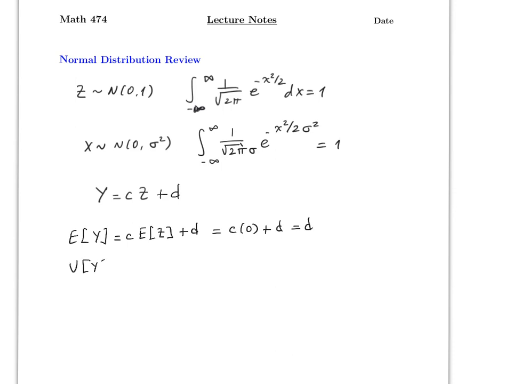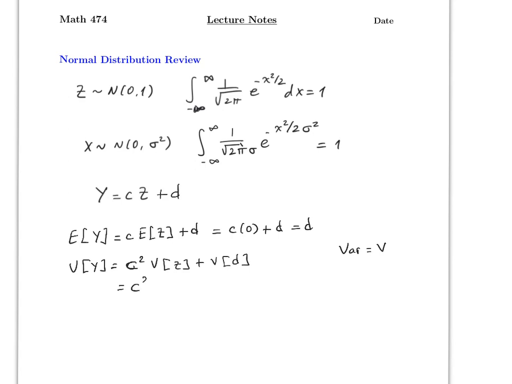And the variance of Y, remember by definition of variance, this will be c squared times the variance of Z plus the variance of d. Sometimes you want to make sure it's understood. Instead of writing just V, you should write variance.